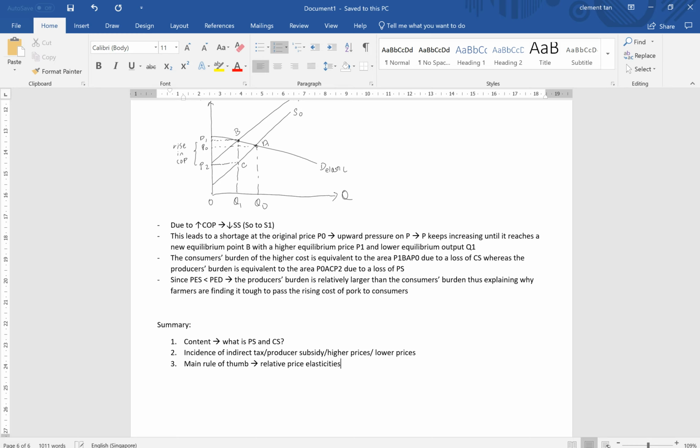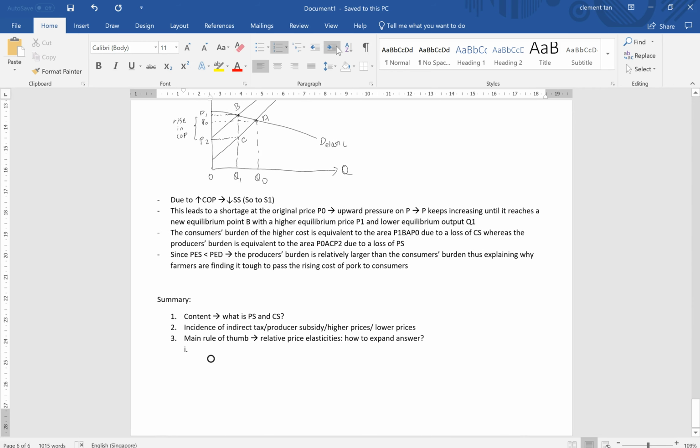How to expand the answer? Every time you see this kind of question, you think of a few things. Number one, use keywords like responsive and proportionate when you talk about PED and PES.